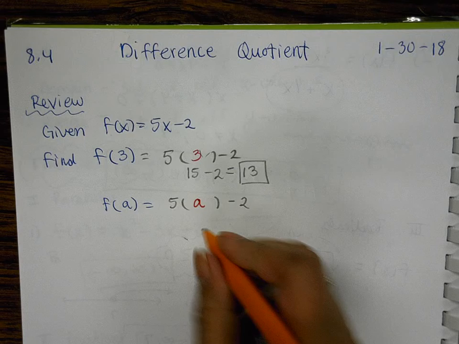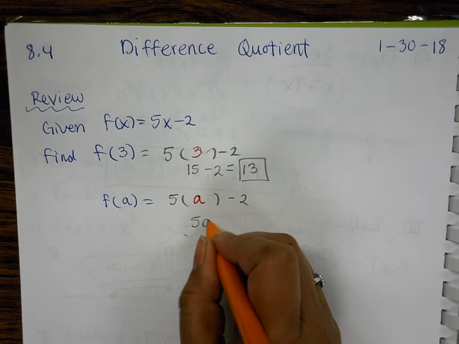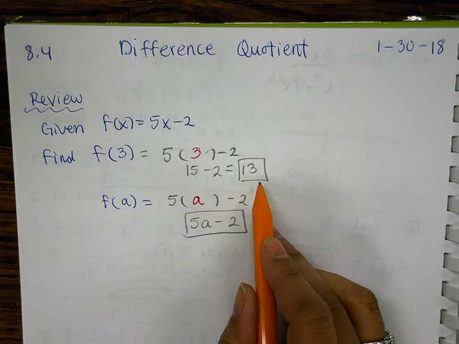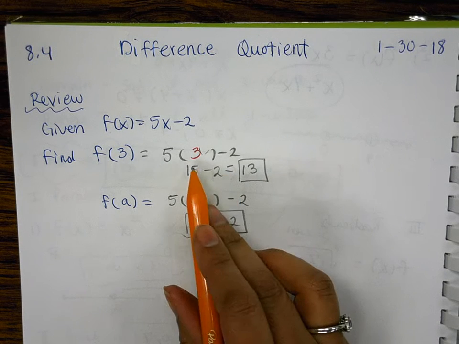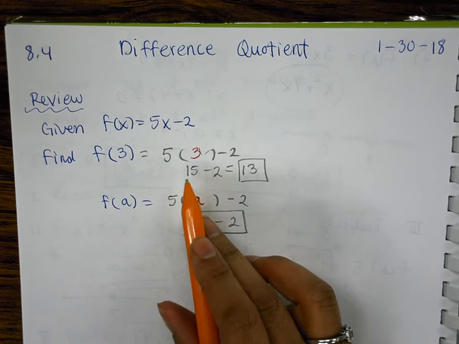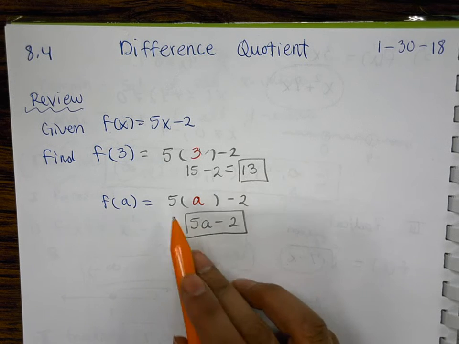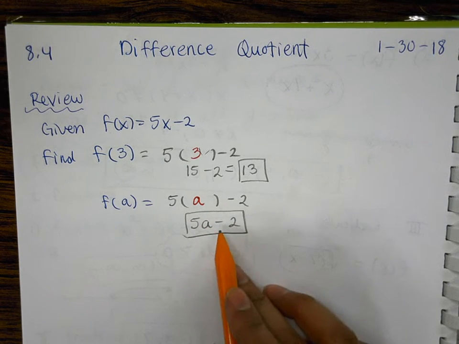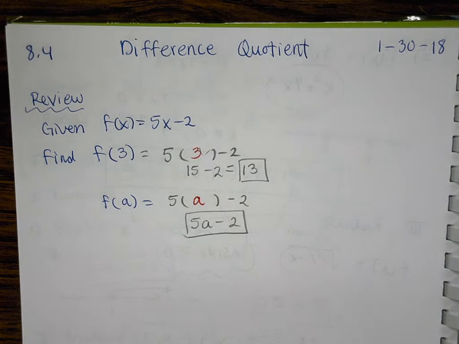So this is 5a minus 2. Now, why did I get a whole number on this one? Because I was plugging in a whole number. 5 times 3 is 15. 15 minus 2 is 13. 5 times a is 5a. And 5a minus 2, they're not like terms. So that's as far as I can get.